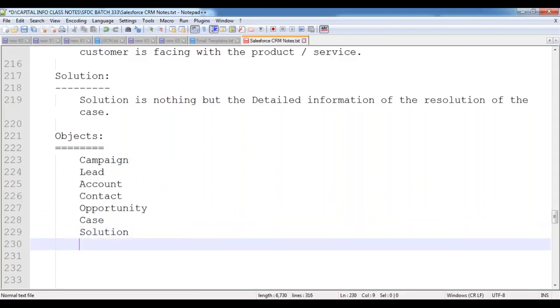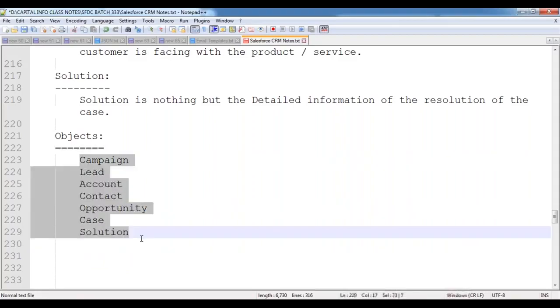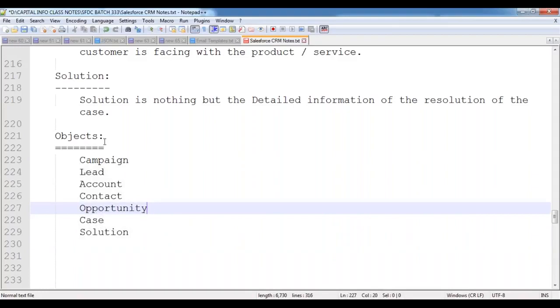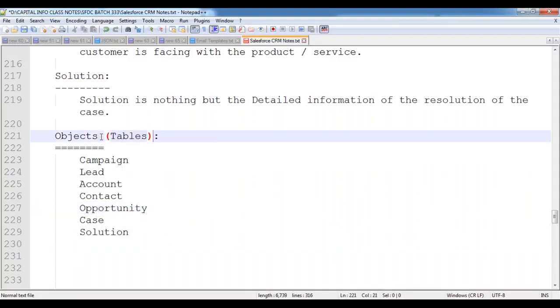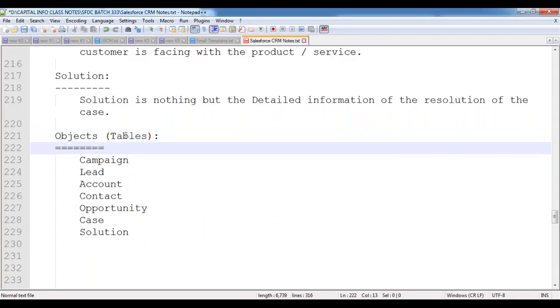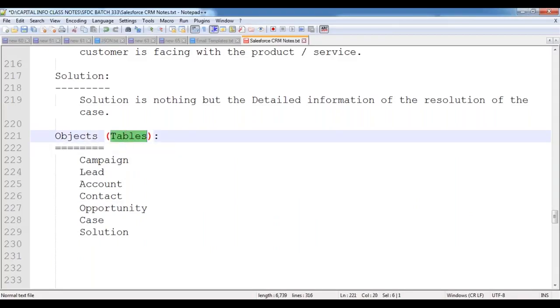Like that, we have so many other objects available. These are all called the objects of Salesforce. Object means what? Tables, simply we can say tables. In our general terminology, we reference it as a table, but in our CRM terminology, we reference it as objects.